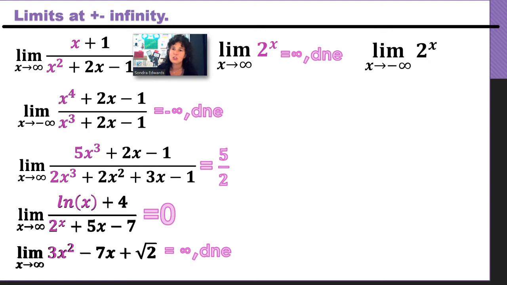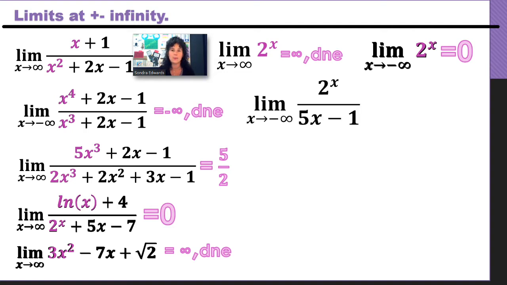If I substitute negative 4, I'm going to have 2 to the negative 4, which is 1/16. So our overall answer is getting smaller and smaller and smaller. It's heading to 0. Plugging in negative infinity is really putting that 2 to the x in the denominator.